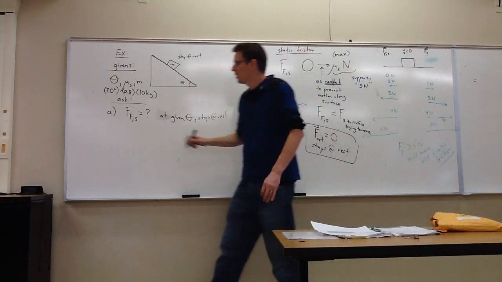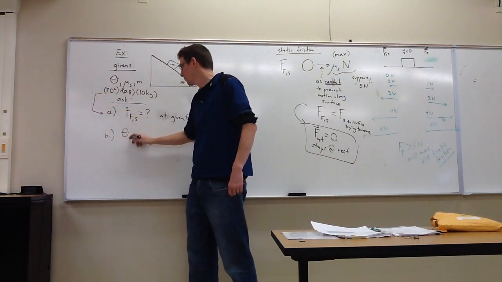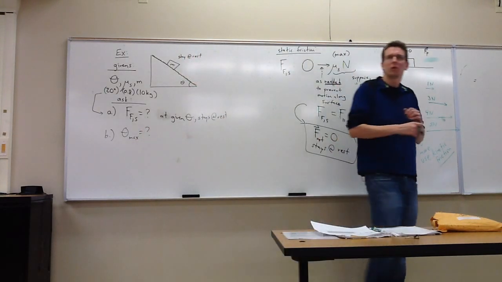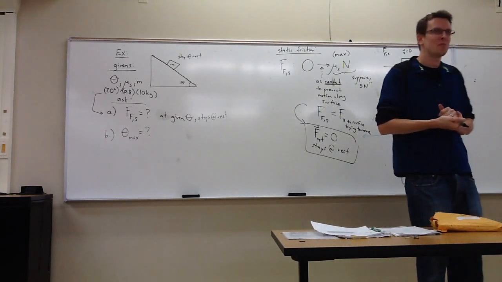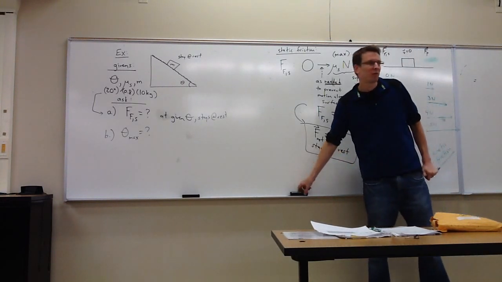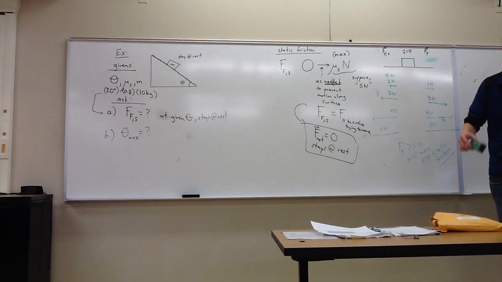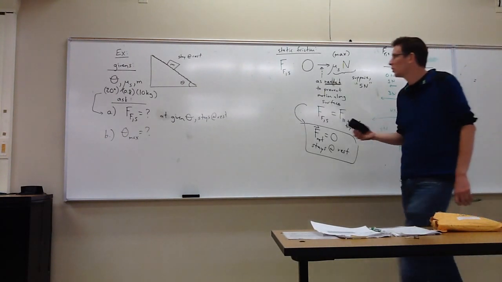So that's going to be my numbers for part A. And then for part B, I'm going to ask, what is theta max? I'm basically going to ask, if it's not 20 degrees, what is the largest angle at which I can hope this object to stay at rest? So first, what's the force of static friction when the angle is 20 degrees? And secondly, how much more could I tilt this thing up before it couldn't stay in place anymore?